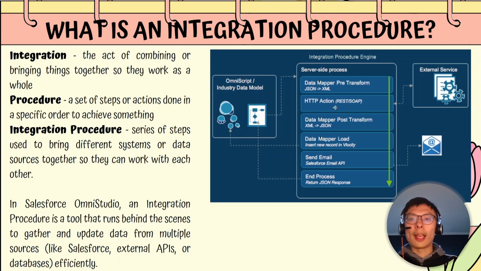Next, the HTTP action sends this XML data to an external system via REST or SOAP. When the external system sends back a response, often in XML, we need to use post-transform to again convert XML back into JSON so that OmniStudio can work with it again.